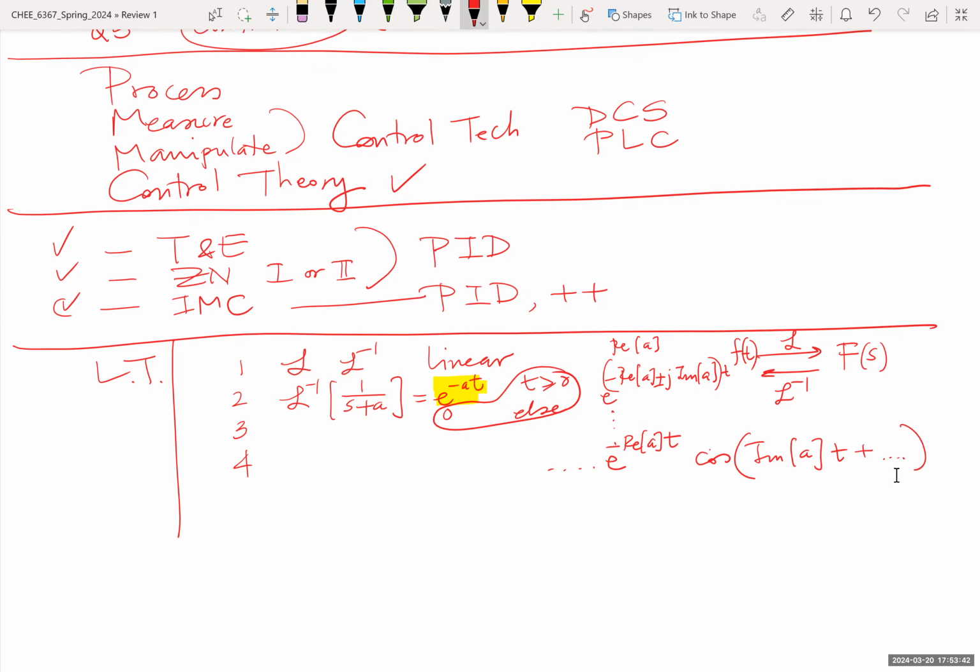I deliberately placed dots here because this is the same as the other yellow stuff I had here. For a real a, the real part of a is just a. It's trivial. But now you have the imaginary part of a times t. So this is a trigonometric term. Trigonometric and exponential. Here you have just the exponential.